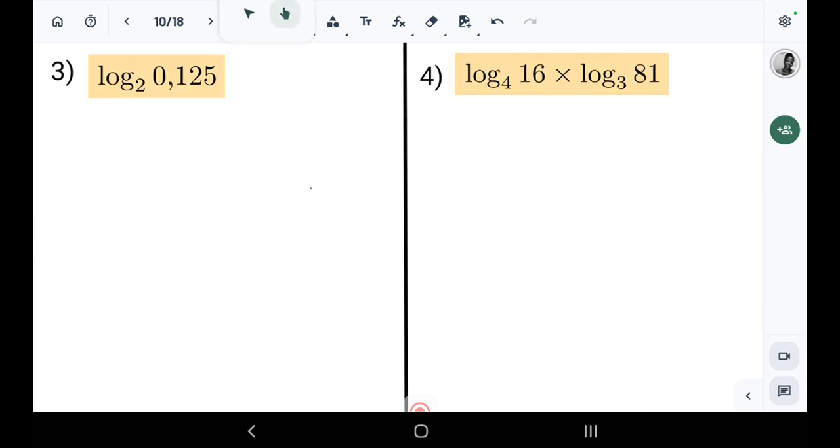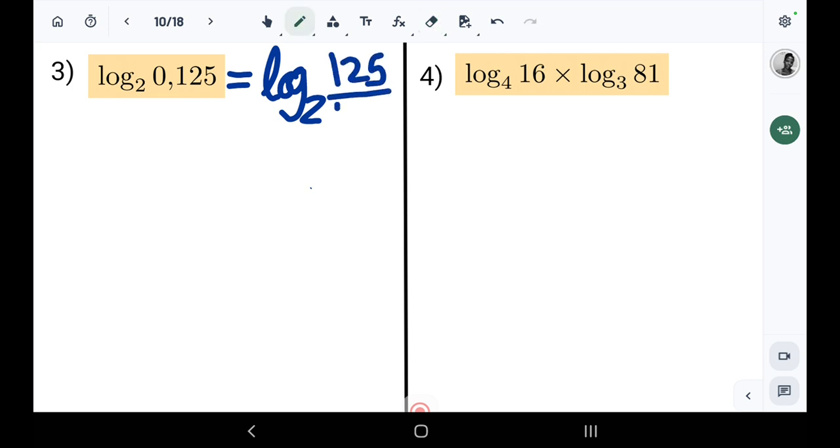Next, number 3, we've got the log to the base 2 of 0.125. What you do in this question is convert that decimal into a common fraction. So you get the log to the base 2 of 125 over 1,000.